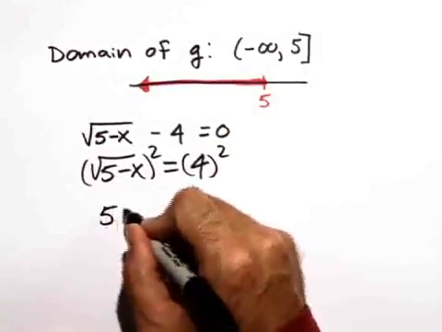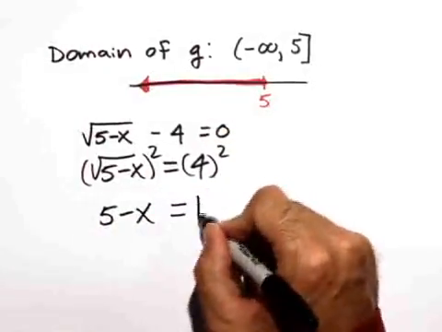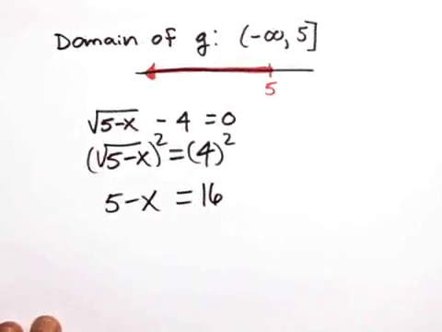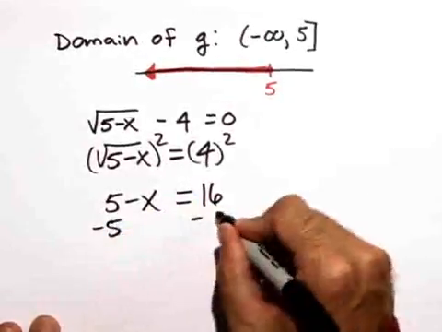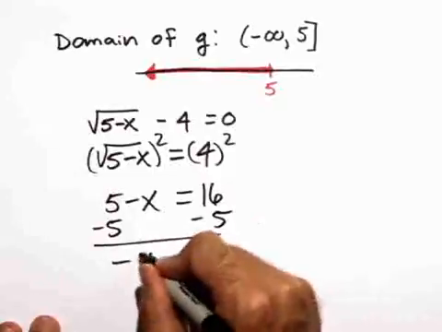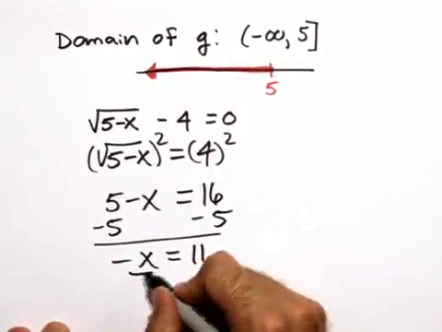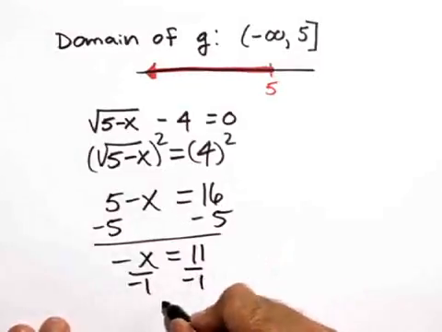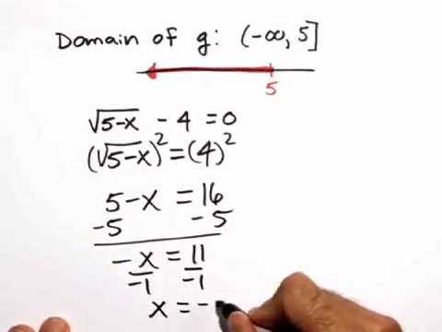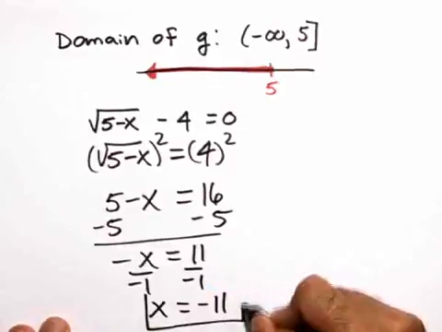That gives us 5 minus x on the left is equal to 16. Okay? Subtract 5 from both sides. Negative x is equal to 11. And then divide both sides by negative 1. So x is equal to negative 11.